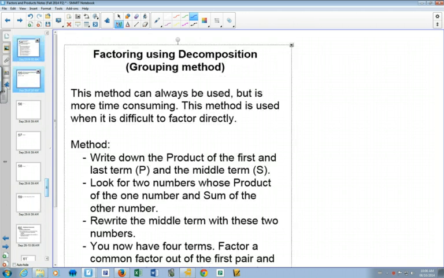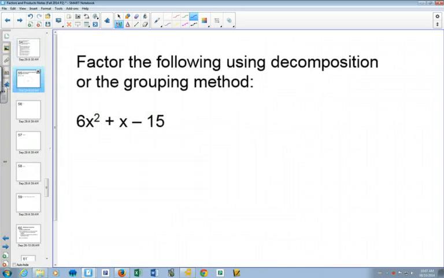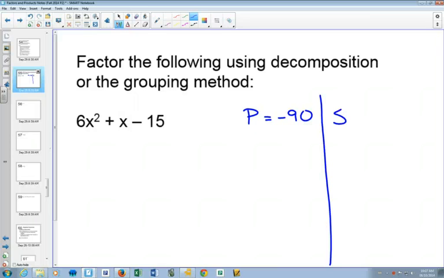The first thing is write down the product of the first and the last term and then write down the middle term as a sum. So what we're going to do here is we're going to put P for product, and the product is equal to 6 times negative 15. 6 times negative 15 is negative 90. And the sum is our middle term, which is equal to 1.